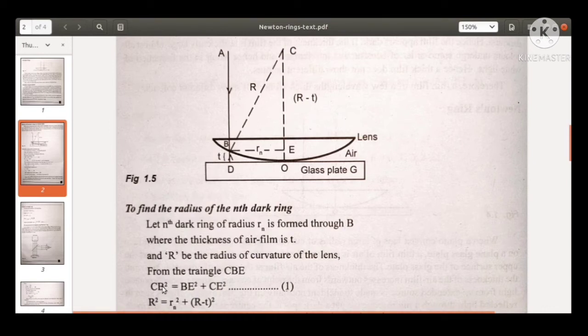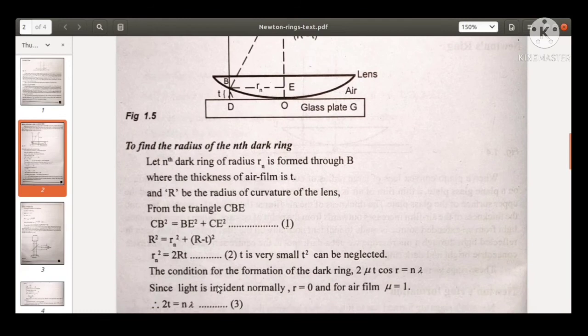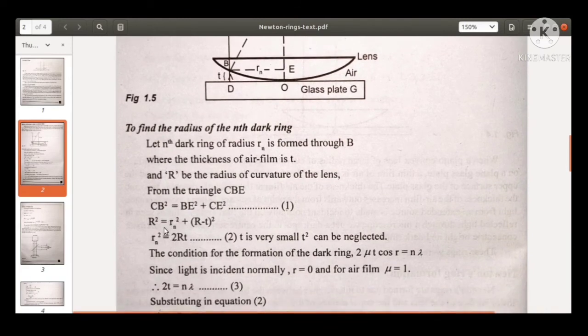CB is nothing but R, so R square is equal to Rn square plus (R minus T) all square. Expanding this according to (a minus b) all square and cancelling the same terms on both sides, we obtain Rn square is equal to 2RT.